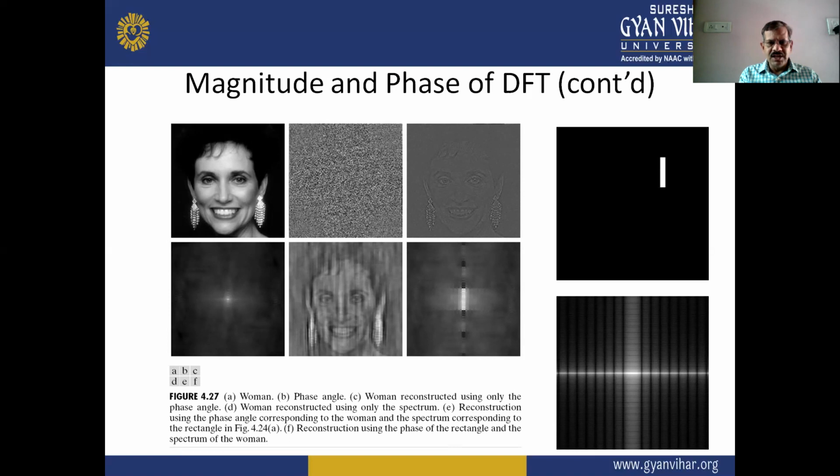Picture E is reconstructed using the phase angle corresponding to the woman and the spectrum corresponding to the rectangles, and picture F is reconstructed using the phase of the rectangle and the spectrum of the woman. So these are the magnitude and phase of the DFT.